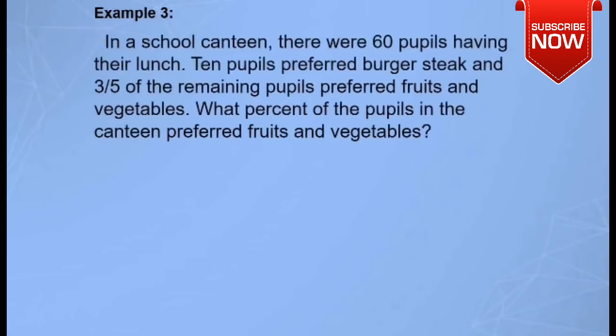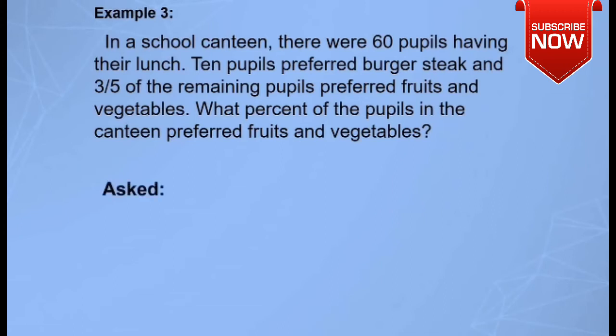Let us discuss example 3. Problem: read and analyze. In a school canteen, there were 60 pupils having their lunch. 10 pupils preferred burger steak, and 3/5 of the remaining pupils preferred fruits and vegetables. What percent of the pupils in the canteen preferred fruits and vegetables?